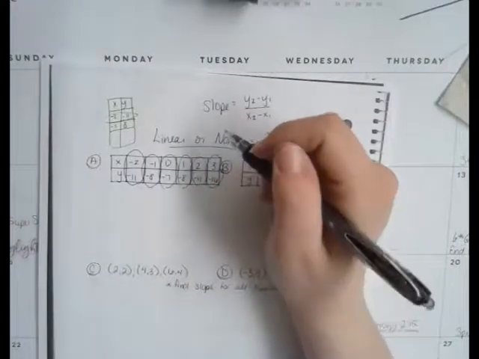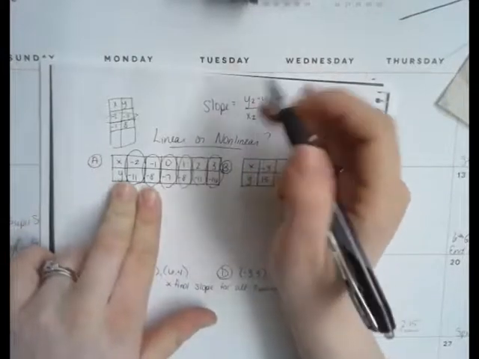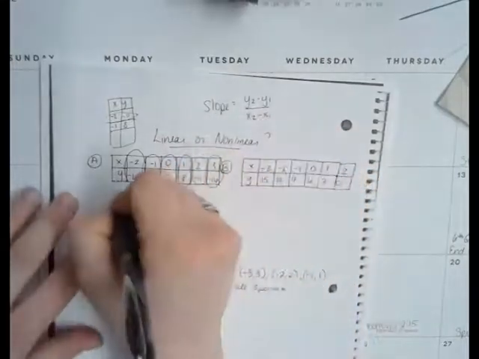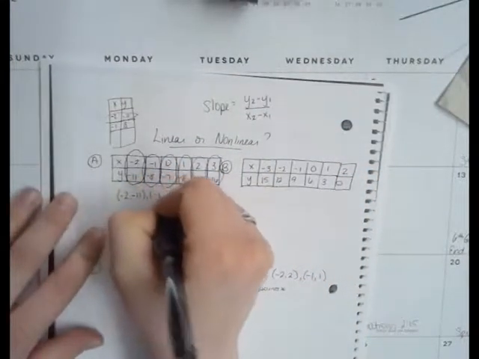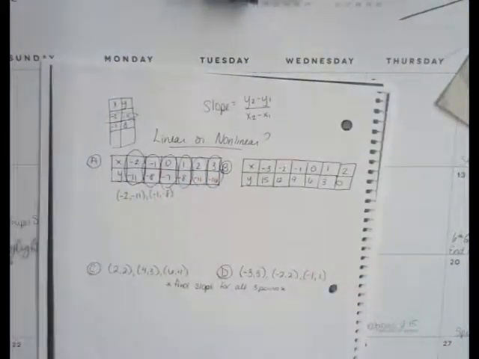And then we're going to find the slope of two points. So I'm going to pick these two right here. I have -1, -8, and -2, -11. So I'm going to check to see what the slope of those two points are. Remember, it's y2 minus y1 over x2 minus x1.